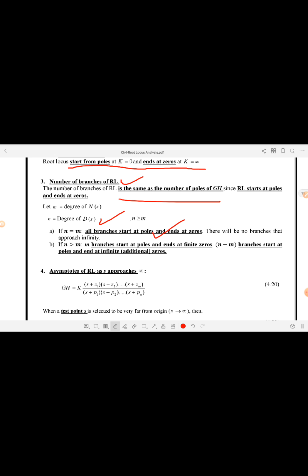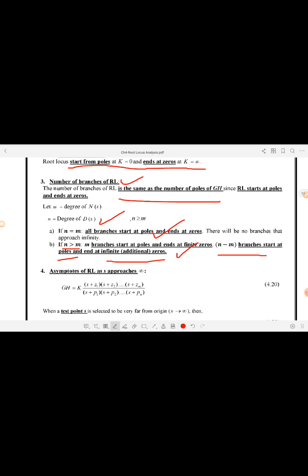And if n is greater than m then m branches are finite branches, they start from poles and end at finite zeros, while the remaining n minus m branches start from poles and go to infinity.